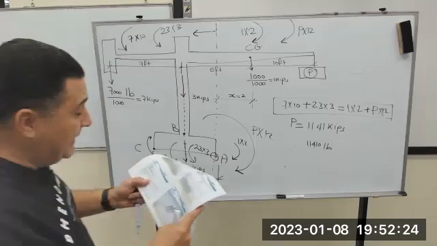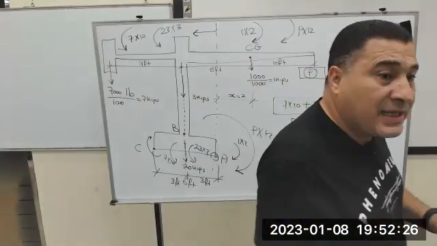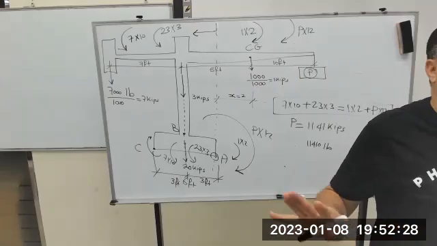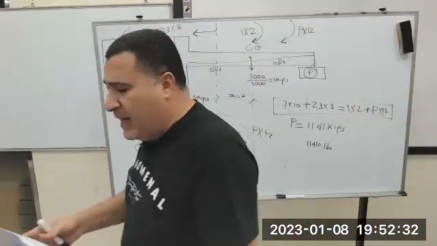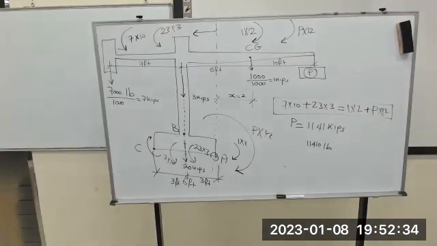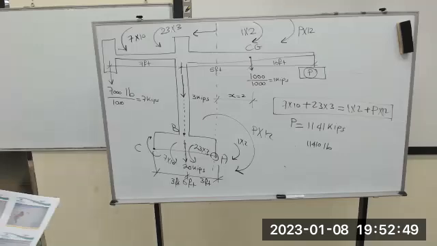number 13. We discussed equilibrium enough. Number 13 is equilibrium. Number 14 is equilibrium. Number 15 is equilibrium. Number 16 looks like number 6, and we'll solve number 6 as well.